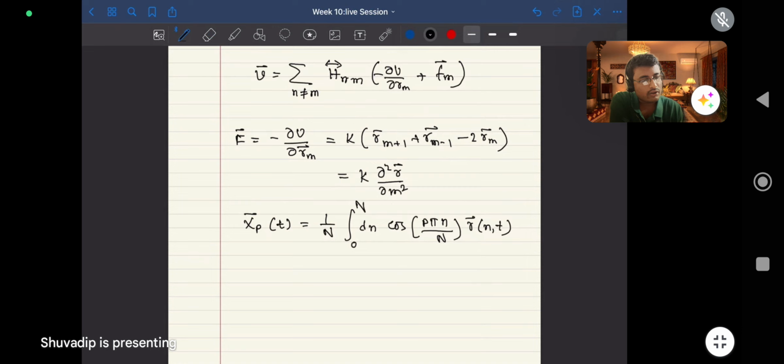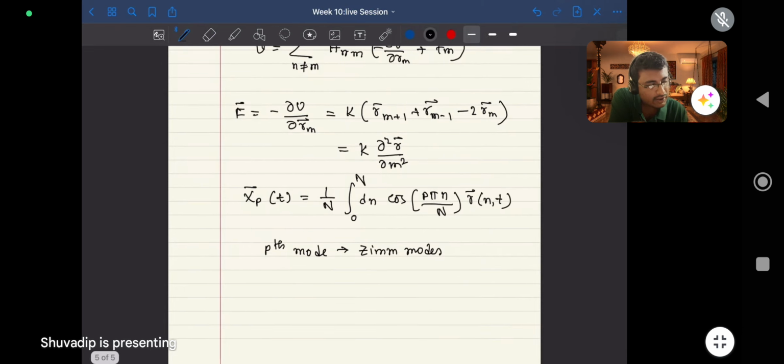So this X_p will satisfy the equation, and then from this we can get the pth mode. So in this case, instead of Rouse modes, we call these modes Zimm modes.